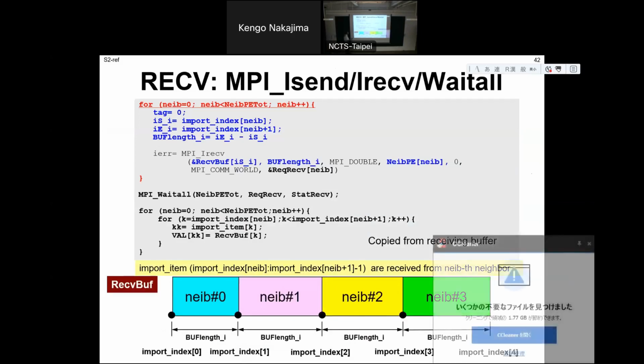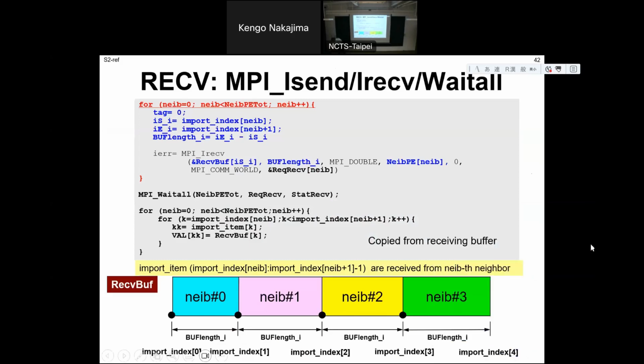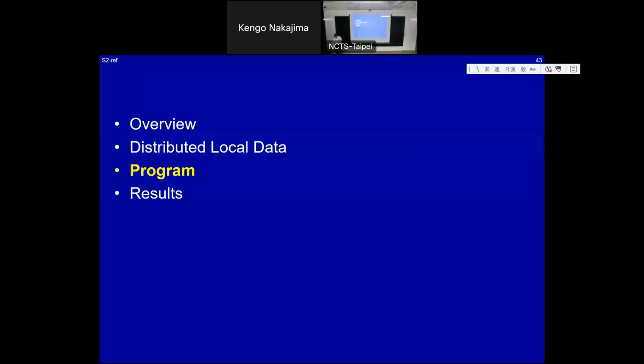This KK is the ID of the external point, and in this case, we can allow the non-continuous numbering of the internal and external nodes. So this is a very brief overview and review of communication at the boundary using the communication table. This is just a review.